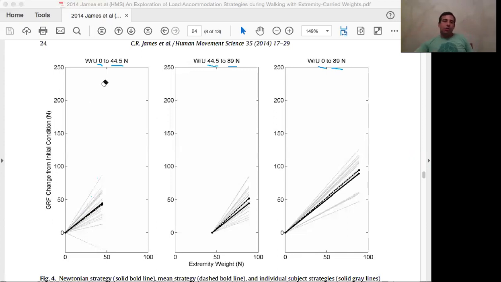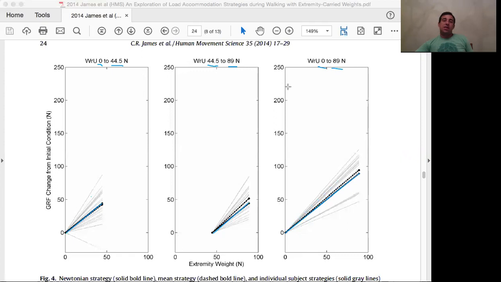And so if you look at this, you're going to see that a number of these individuals are what we call, so the solid black line is the Newtonian line, right? So if these people followed in each one of these, let me put these up here and see if I can get it for you. So if they follow the purely Newtonian, these are the predictive models, okay?